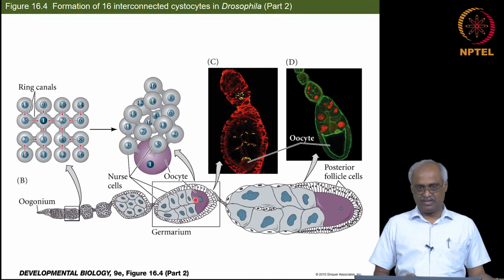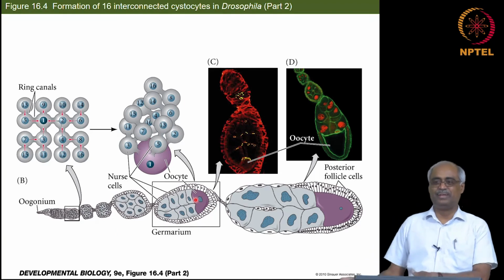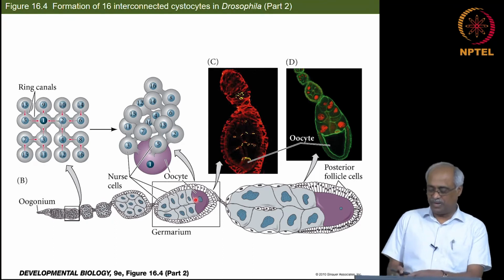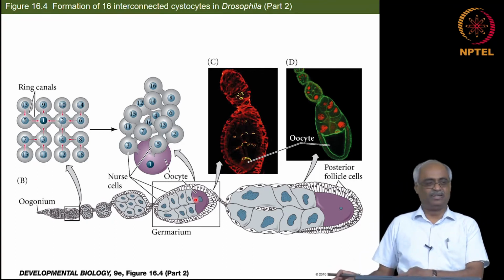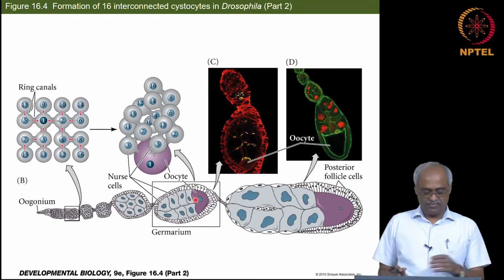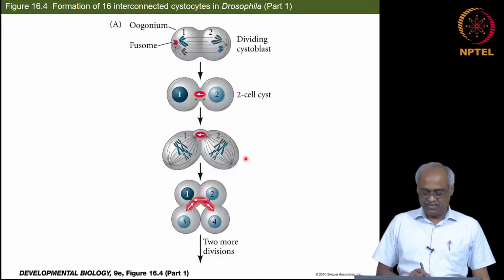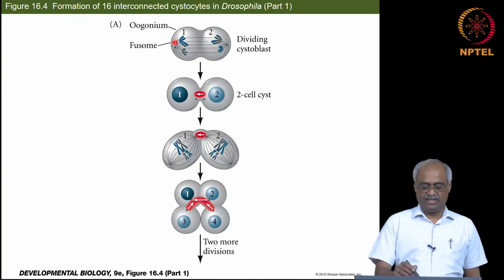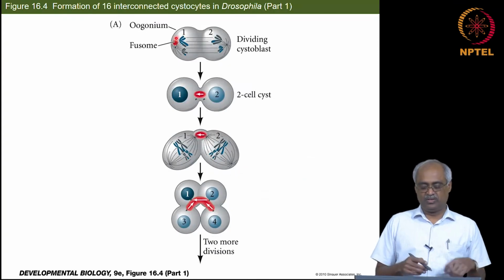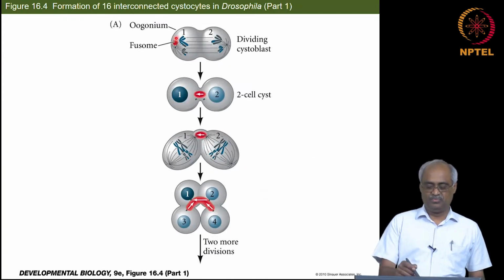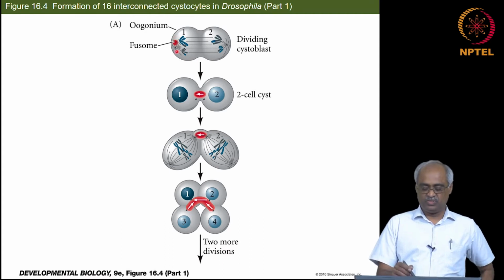So, I feel this understanding is important to really go ahead and understand how the patterning of the oocyte, embryo, etc. happens. So, now a little bit about the red color, which is shown here as yellow. So, this is this microtubule kind of material called the fusome. This fusome expands through the ring canal.